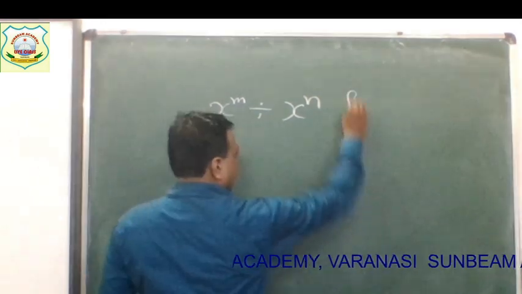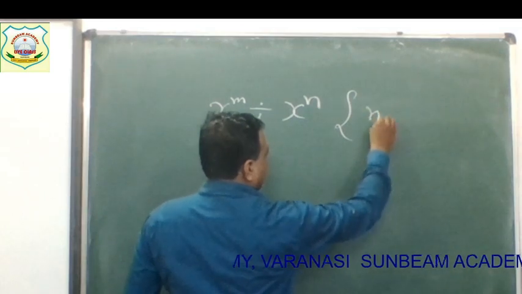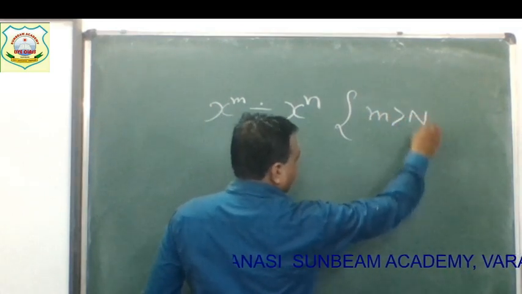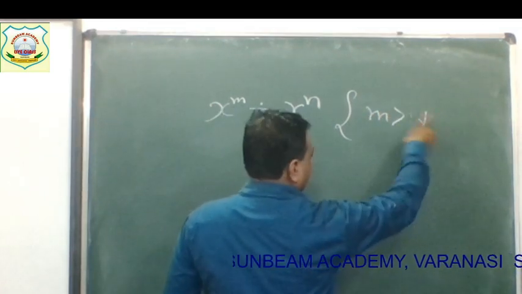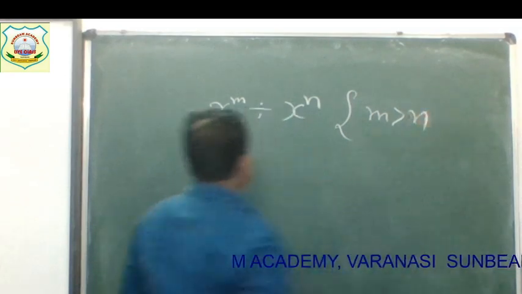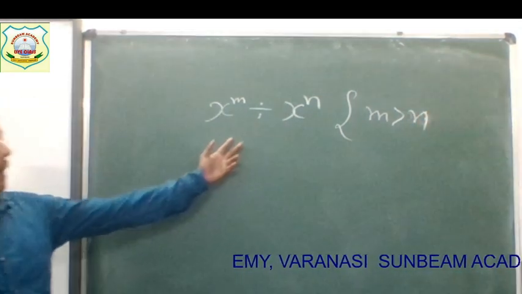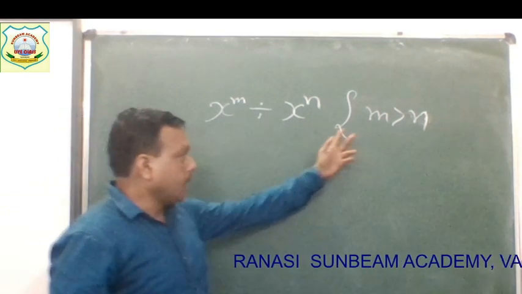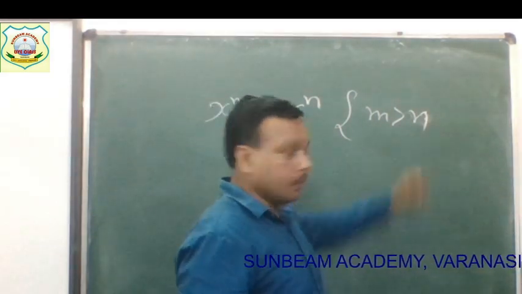Here the condition is given, m should be greater than n. Clear? x power m divide x power n, in which m should be greater than n.